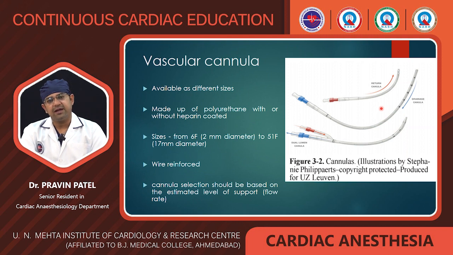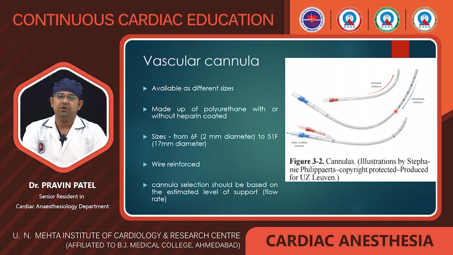Selection of the cannula again is based upon the patient's requirement and the flow rate. The one at the top is the return cannula, and if you see here, there is only one single end where the return occurs. It may be arterial or it may be venous. The drainage cannula has to be multifenestrated for efficient drainage.